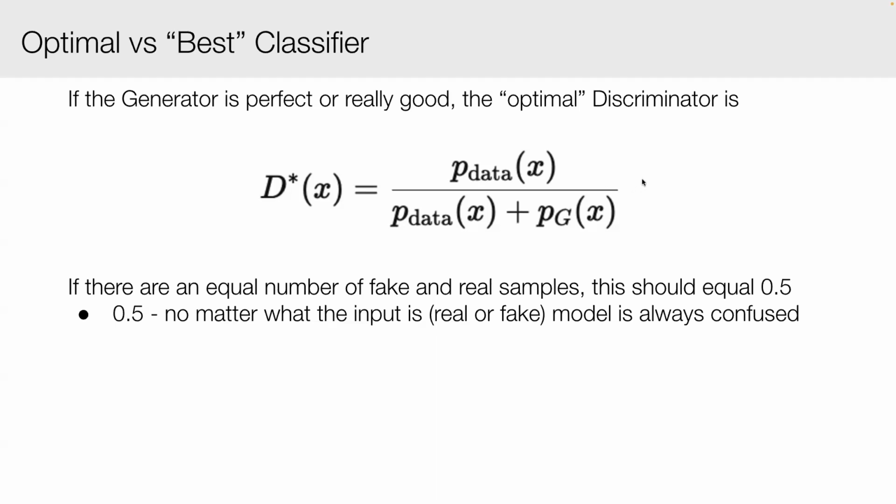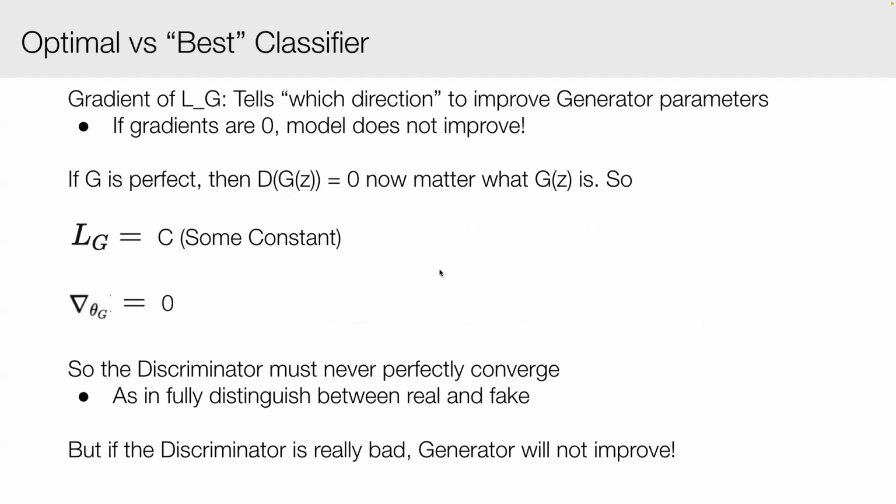An output of 0.5 means your discriminator has no idea about the difference between the real and generated images. We only want this to happen if we assume that the generator is perfect. If the generator is near perfect and this is the behavior we're getting, we can still train from this and calculate gradients. But if the generator is getting pretty good, and then suddenly the discriminator becomes perfect, then our gradients vanish.